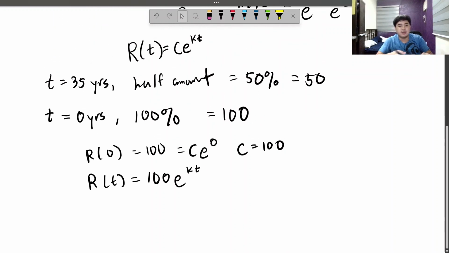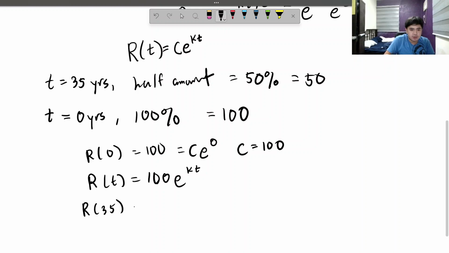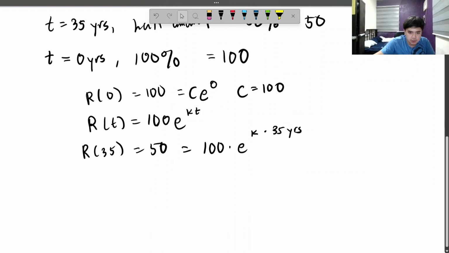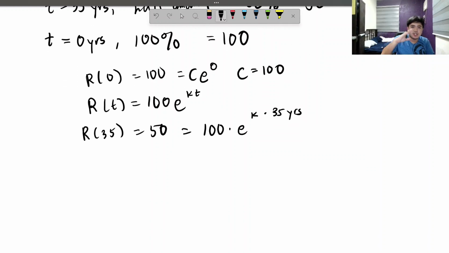Now here's where you're going to bust your calculators out. So R of 35, which we know is 50, is also 100 times e to the k times 35 years. So we need to isolate k. We need to find k. So divide both sides by 100.